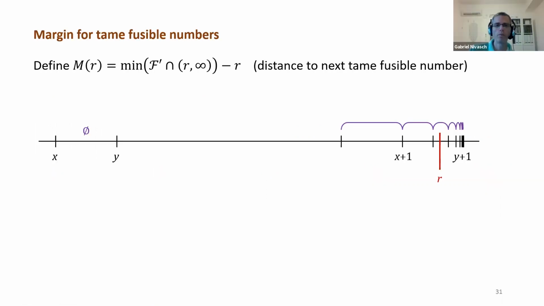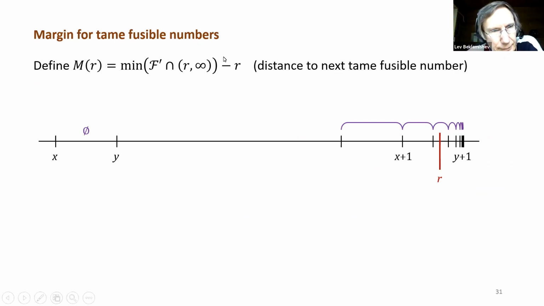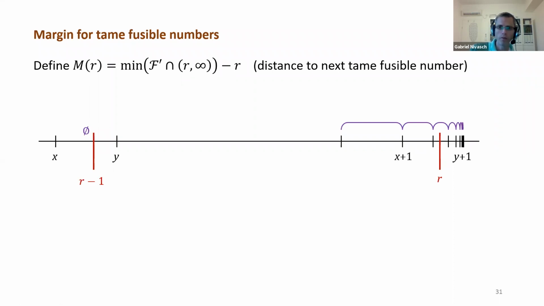Okay, so now let's compute. Suppose I give you a real number R, and I want to know what's the distance from R to the next tame fusible number, meaning we take the smallest tame fusible number that is larger than R, and that minus R. Well, let's call that M of R. So how do you do that? So R is formed by going distance one left to R minus 1, and then using the next fusible number, which is Y in the picture.